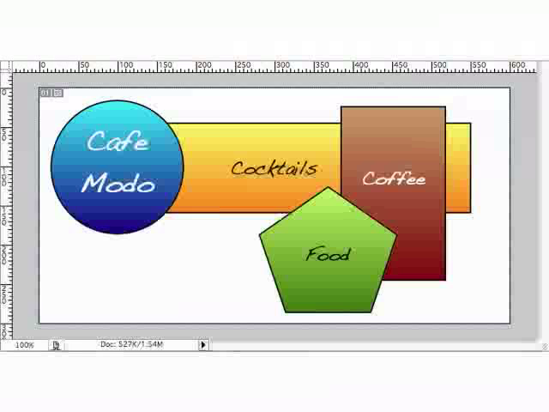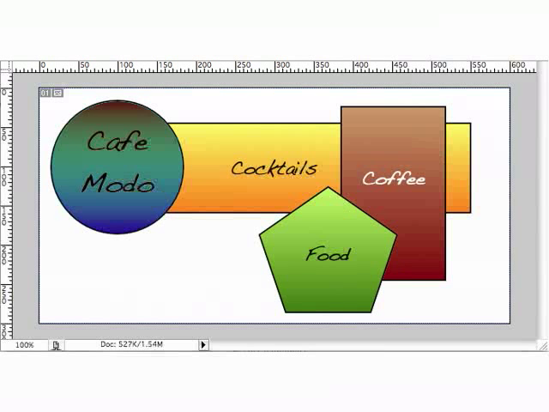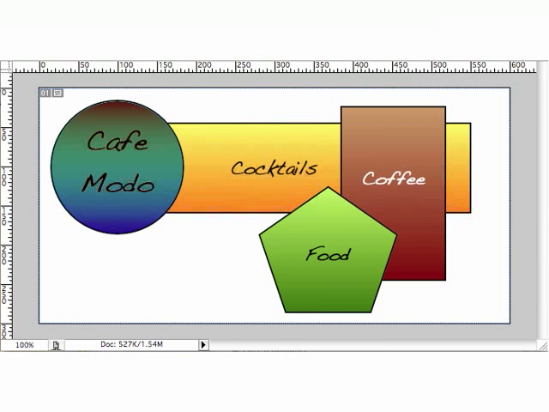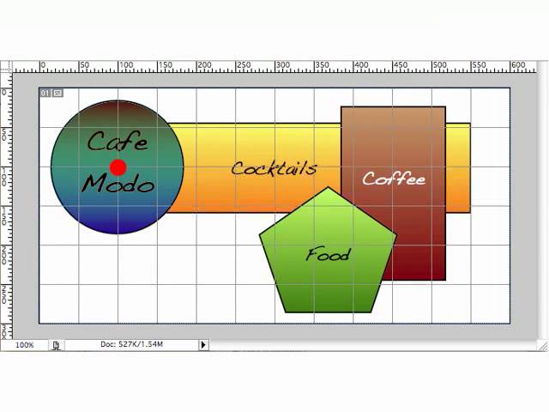Now let's look at the Cafe Modo area. This is a circle. Now when specifying a rectangle, we needed 2 points, the top left corner and the bottom right corner. When specifying a circle, we need different information. For a circle, we need to know where the center of the circle is, and then we need to know the radius of the circle.